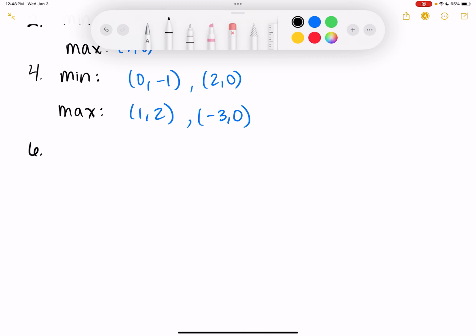The most max would be C, and then the min would be B. So we would say the max occurs at x equals c. Min is at x equals b.